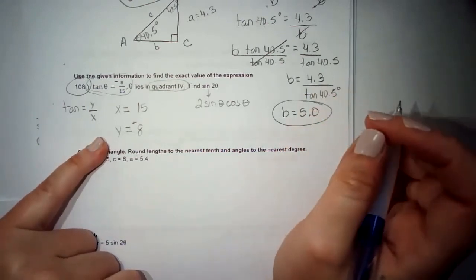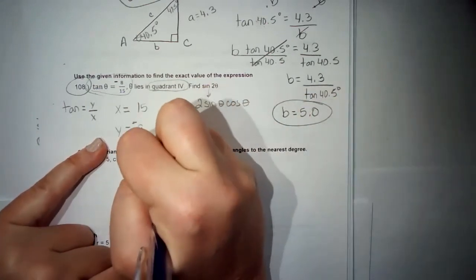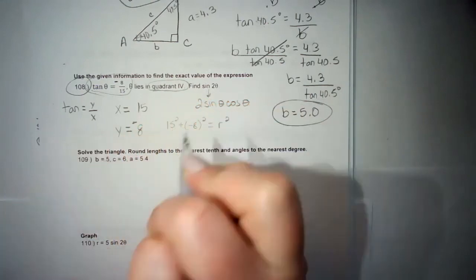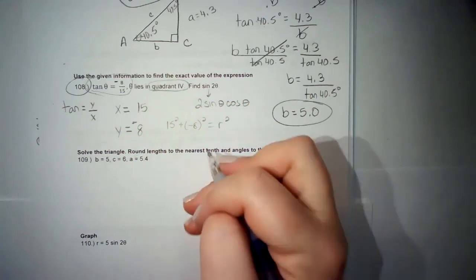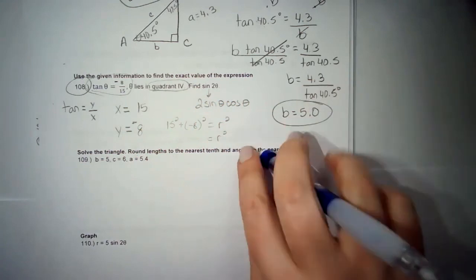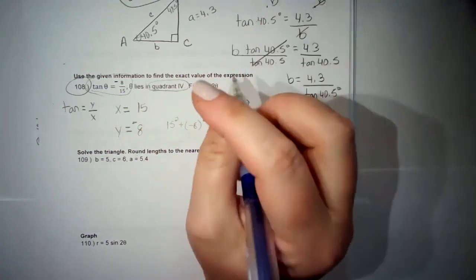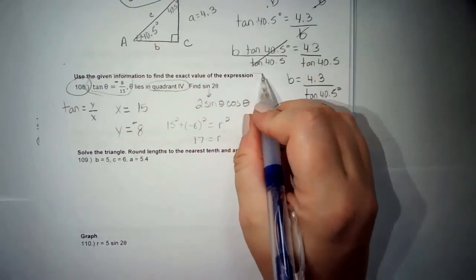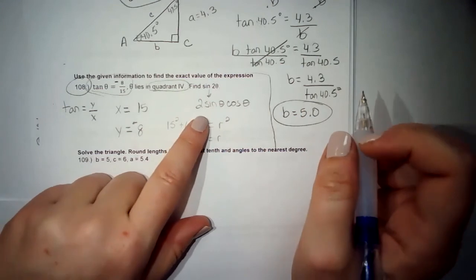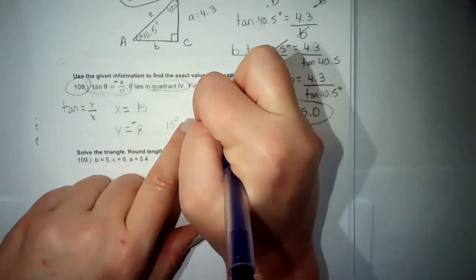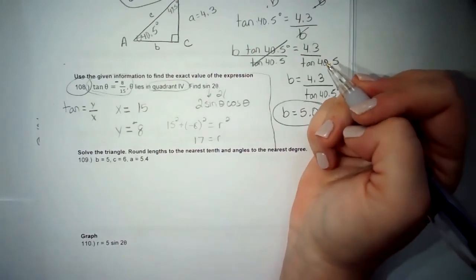All right, how would I get r? It's x squared plus y squared equals r squared. And then if you take the square root, I got a nice little 17 for r. Then I'm going to do 2 times sine theta.